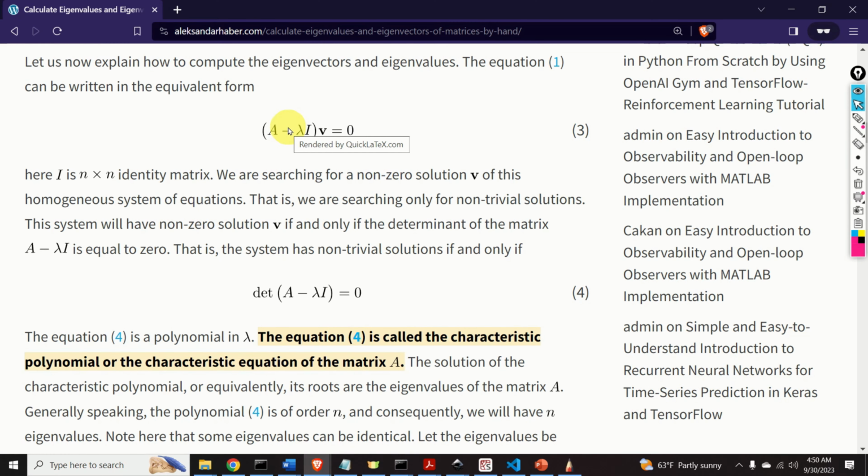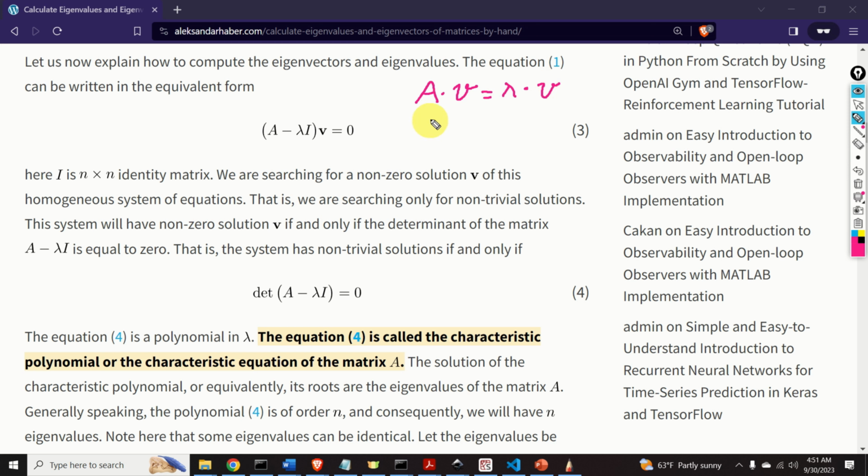Now that we understand the concept of the eigenvector, let us explain how to compute the eigenvectors and eigenvalues. Our original equation can be written like this. What did we do over here? The equation that defines the eigenvectors and eigenvalues looks like this: A times v is equal to lambda times v.